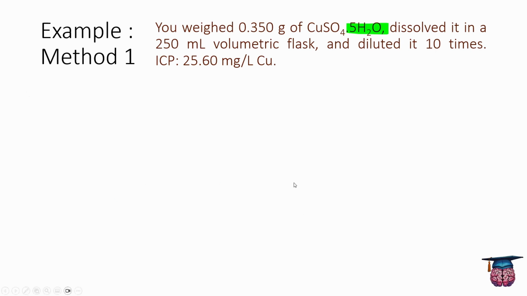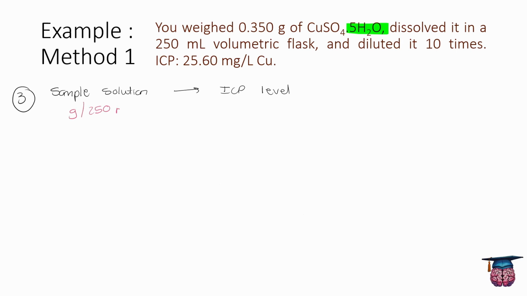Now the next step. Step 3 is where we have to decide: are we working from our sample to our ICP, or from our ICP to our sample? Since we are looking at an example of method 1, we will be working from our sample solution to our ICP level.